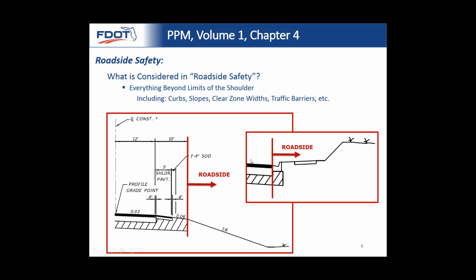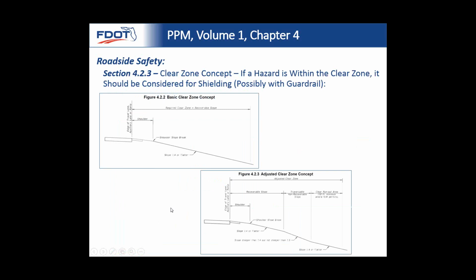So basically if you're outside of the shoulder on a flush shoulder road, or including the curb in an urban environment, everything outside of these is now located in Chapter 4. So roadside slope criteria, barriers, curbs, but your shoulder width requirements for different types of facilities are still included in Chapter 2. So we're just trying to let people understand where we drew the line between what information went into Chapter 4.